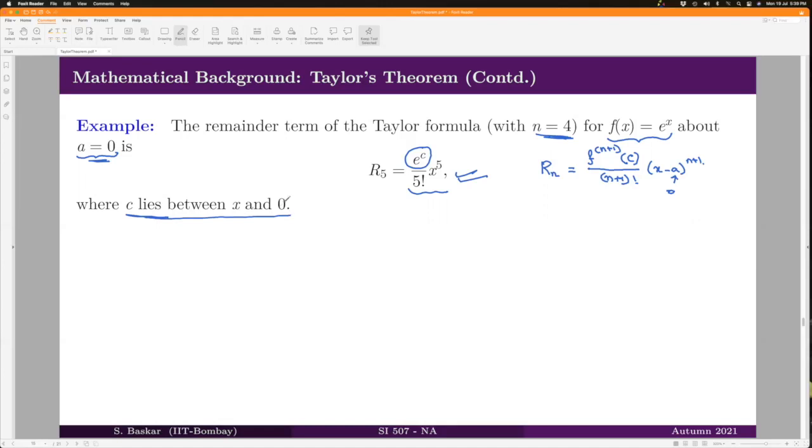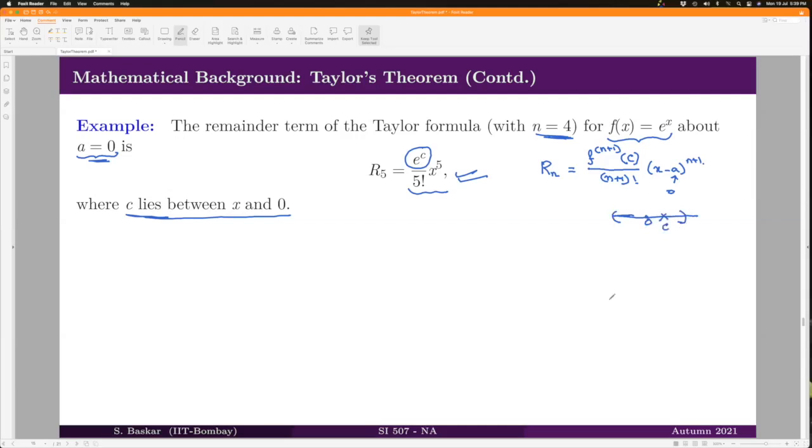x is the point at which we are interested in approximating the function f by the Taylor polynomial. It is very near to 0, and c will lie between x and 0. So suppose you are interested in approximating the function f of x in a small neighborhood of 0, then c may lie anywhere.